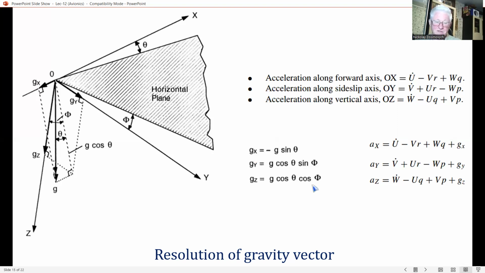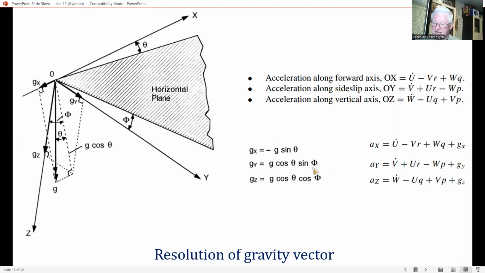The outputs of the forward, side slip, and vertical accelerometers are denoted as A sub X, A sub Y, and A sub Z respectively, and represented as this expression. The accelerometer bias errors are ignored at this stage for simplicity.